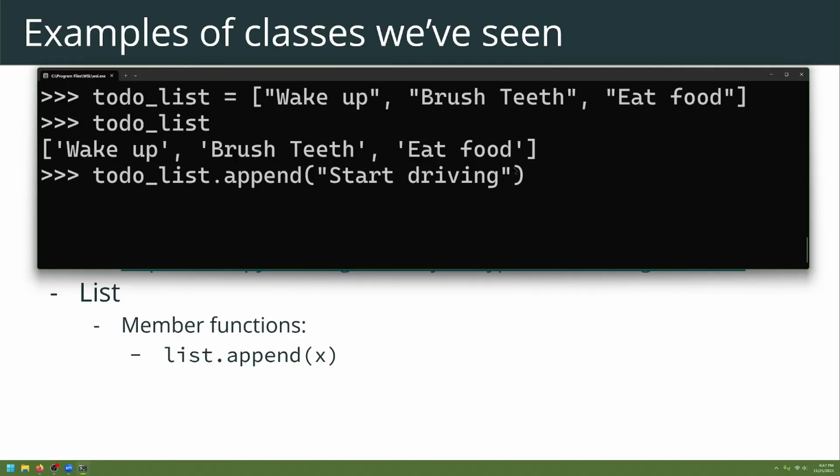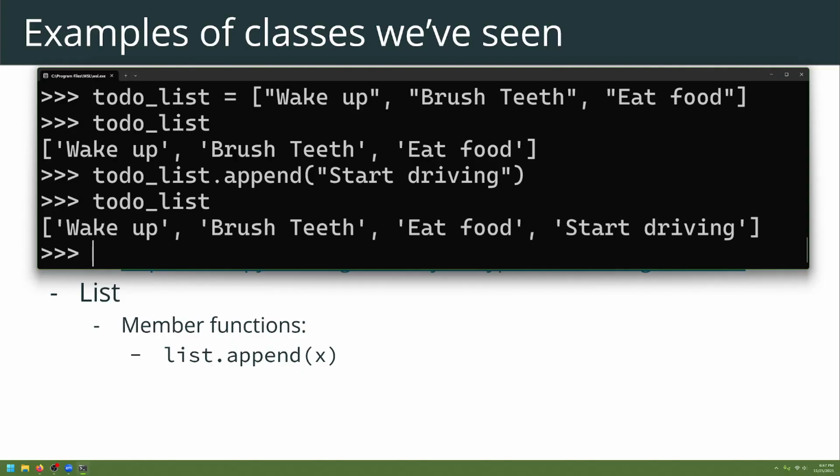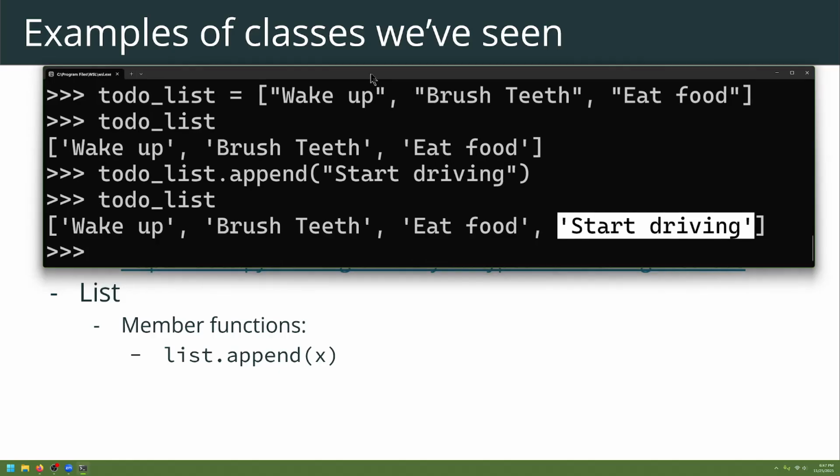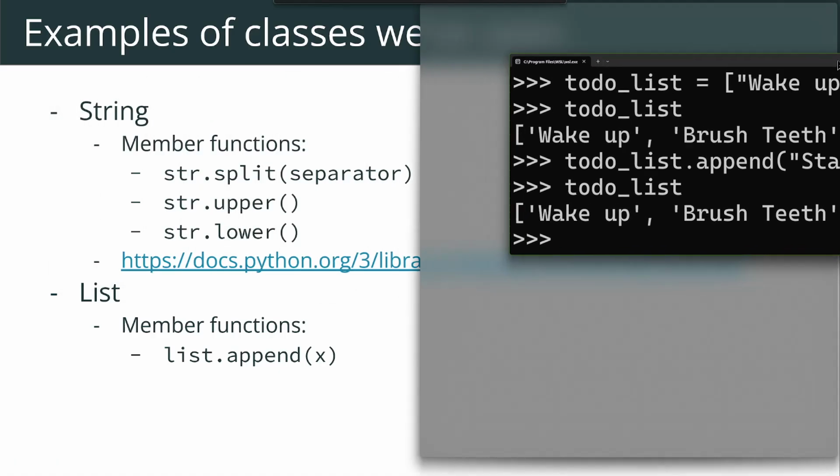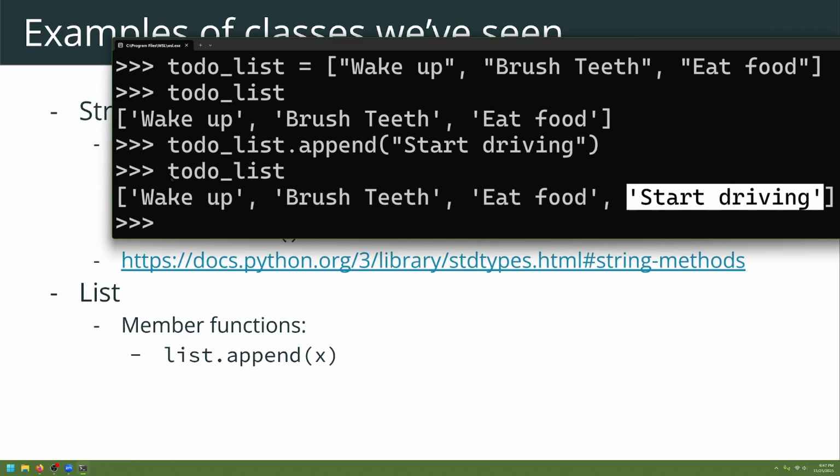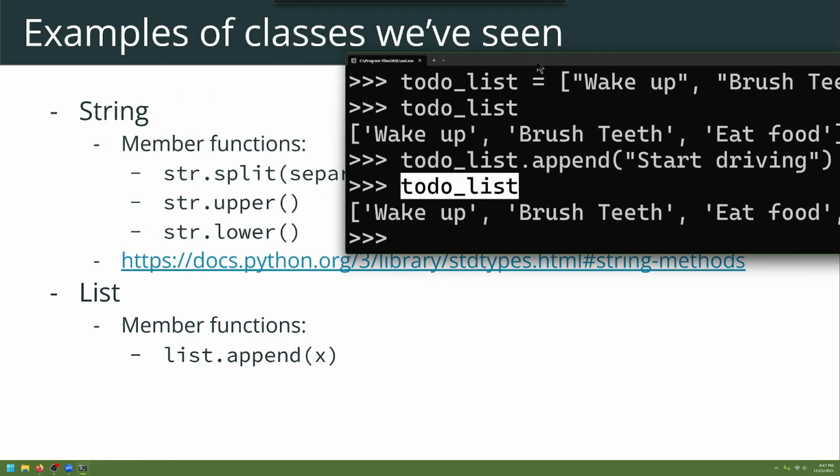If I do this append over here, this is going to add an element to the end of the list. So our to-do list now looks like this right here. The new element is right over here. All right, people cool with this? So you're getting a sense of what objects are. In this case, the to-do list is the object.